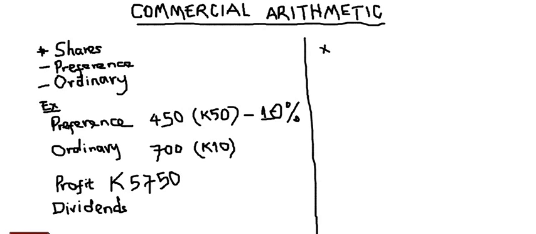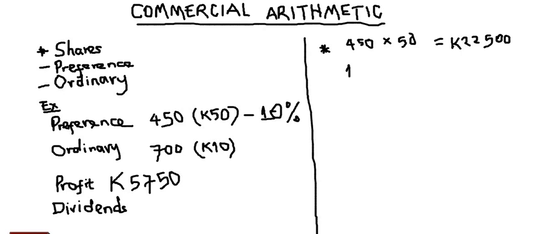So the total contribution by preference shareholders is 450 by 50, which gives us 22,500 kwacha. This is the total contribution to the capital of the company.